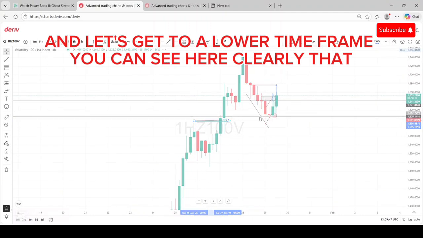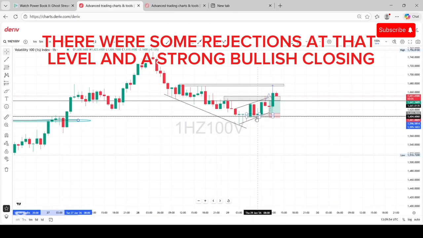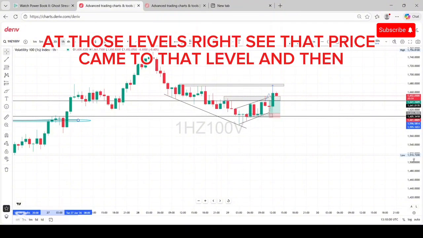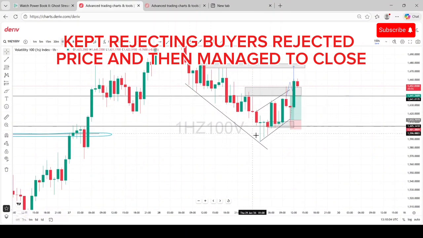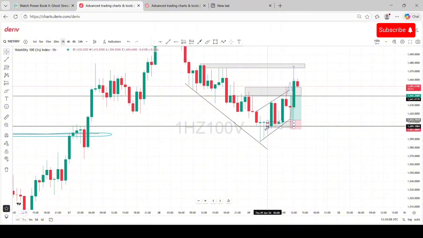You can see here clearly that there were some rejections at that level and strong bullish closing at those levels, right? See that price came to that level and then kept rejecting. Buyers rejected price and then managed to close in their favor.